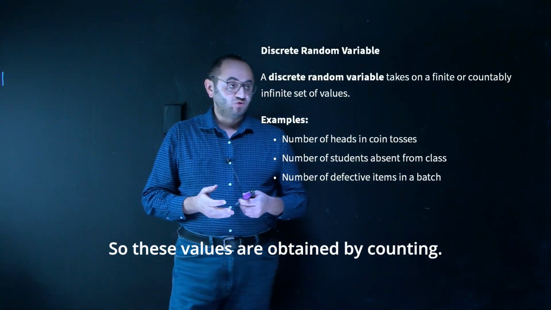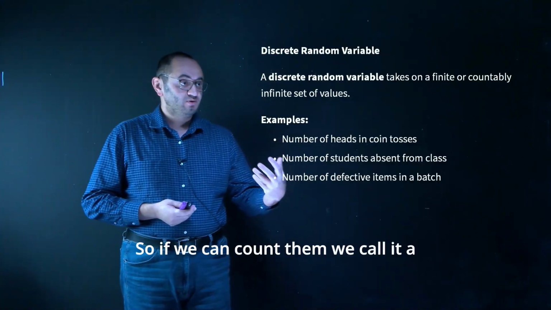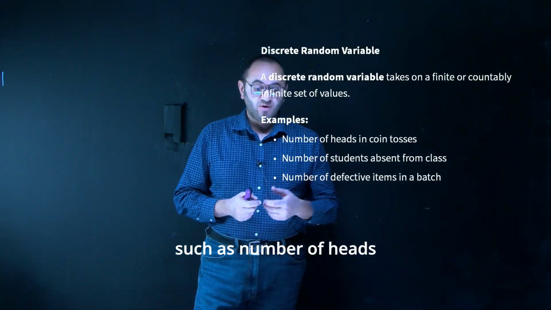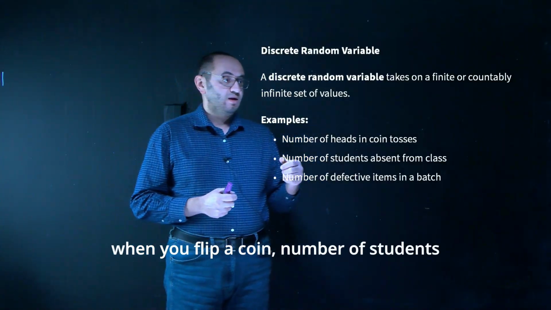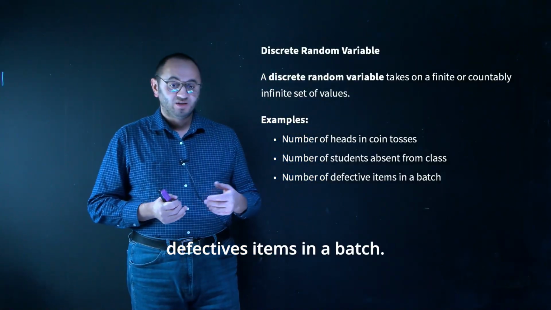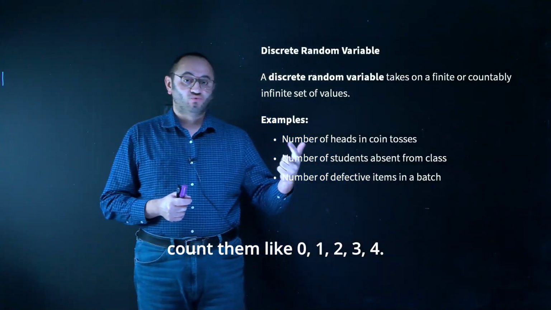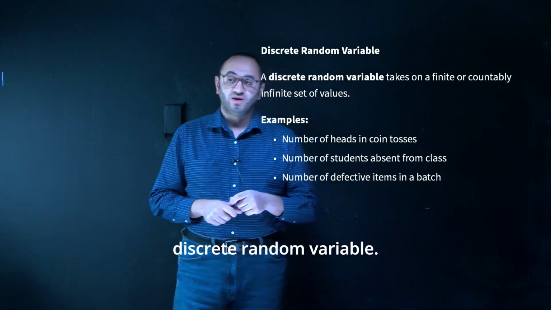So these values are obtained by counting. If we can count them, we call it a discrete random variable, such as number of heads when you flip a coin, number of students absent from class, number of defective items in a batch. As you see, we can count them like 0, 1, 2, 3, 4. This is an example of discrete random variable.